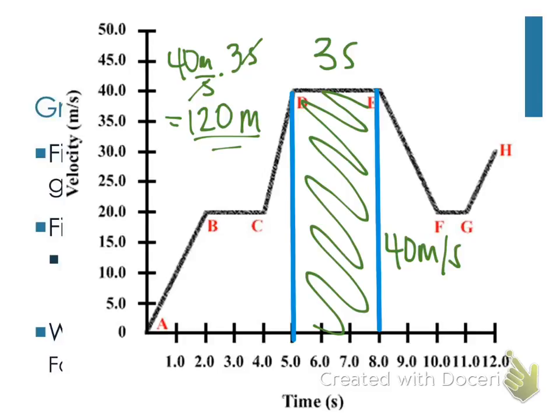So that's our displacement during that time. So you can find two major components from a velocity versus time graph. You can find an acceleration during a time interval, and you can find how much displacement was covered during a particular time interval. Does that make sense? Okay.